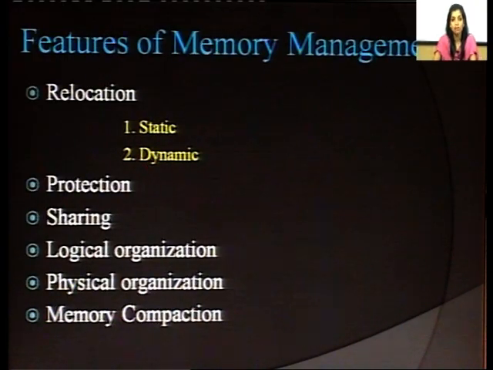Third is sharing: how many processes are going to be shared and where we are going to share them. Logical organization: how we organize memory in logical memory. Physical organization: how processes are organized in main memory. Last is memory compaction.